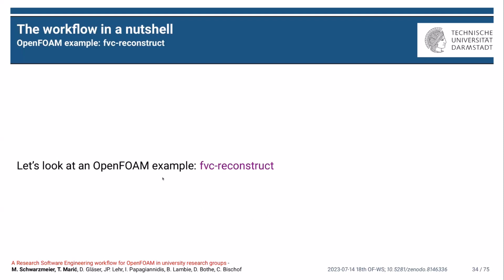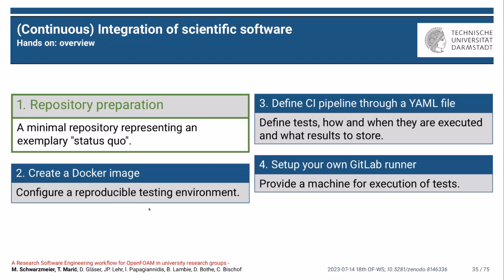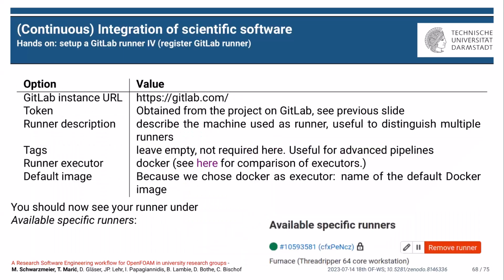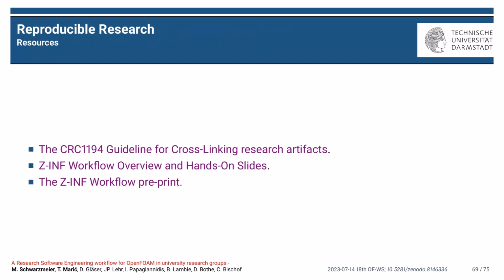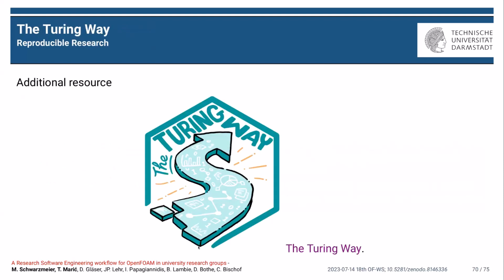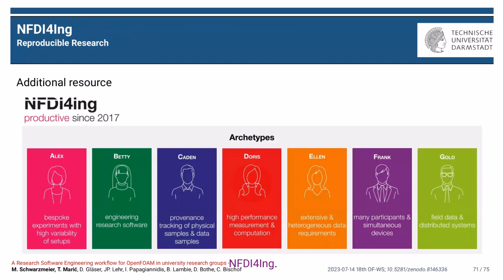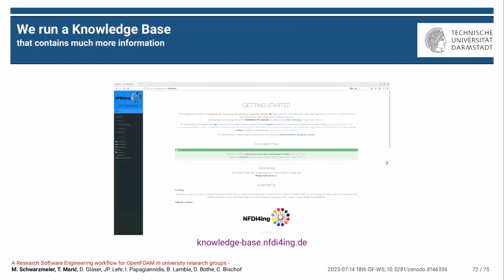Before we take a look at that code here, I want to make sure to point you to some more resources. As I said, if you go to the DOI, you get all the links. There's more material. There's the Turing Way. There's NFDI4Ing. We do run a knowledge base within NFDI4Ing.